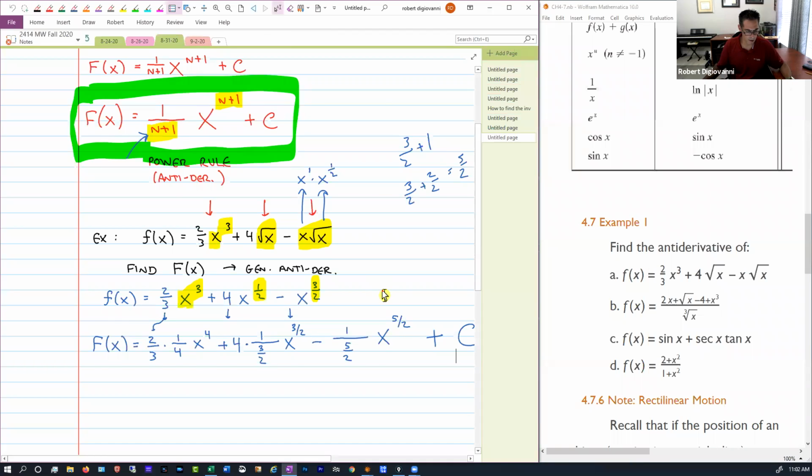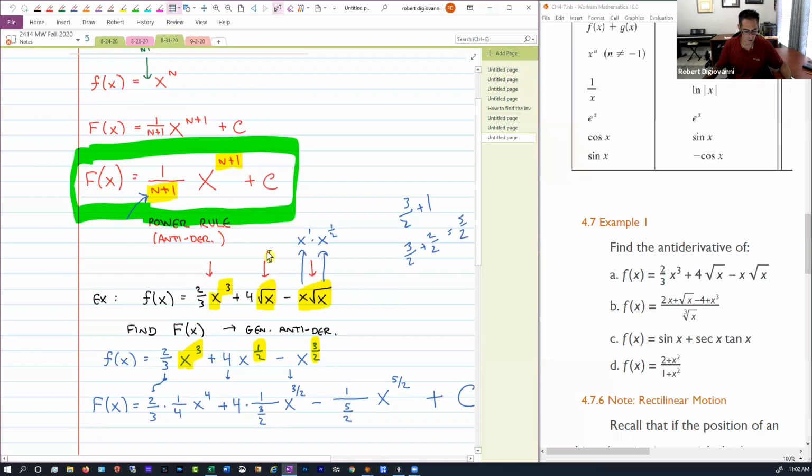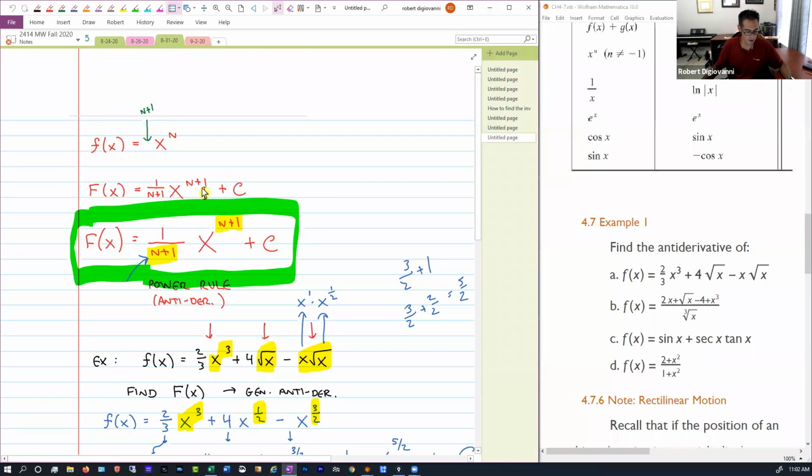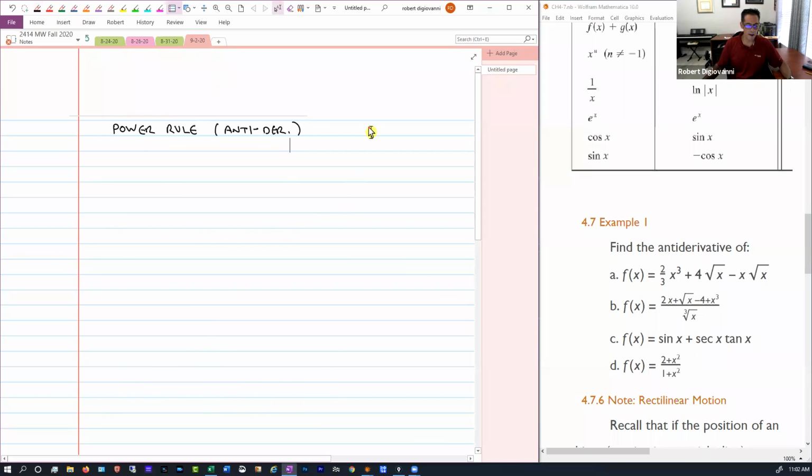And let me just check. Yeah, I started to talk about it right at the end of last class. So basically the power rule says that if little f is equal to x to any power n, then the general antiderivative, capital F of x, will be equal to x to the n plus 1 over n plus 1, plus a constant.